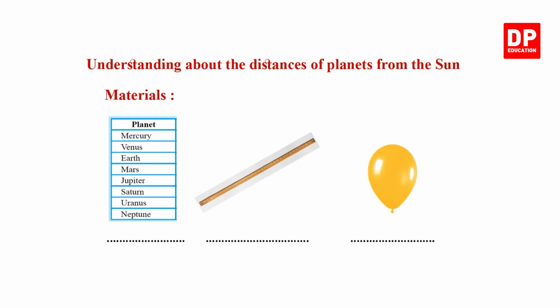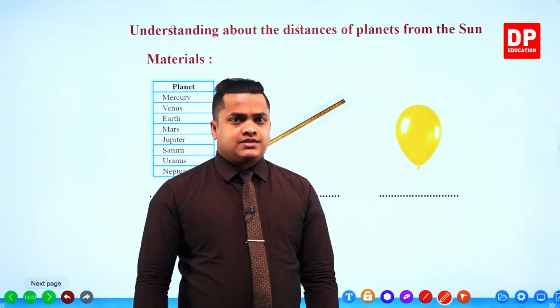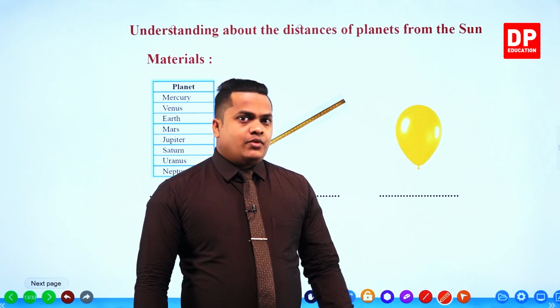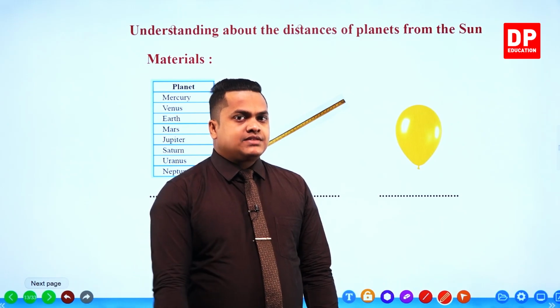Now there is another activity which is given here. Within this activity, my dear children, we'll be understanding the distances of planets from the sun. In the earlier case, we studied the sizes, no? We compared the sizes.